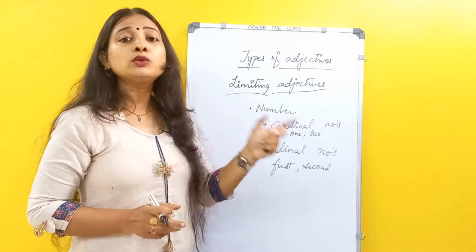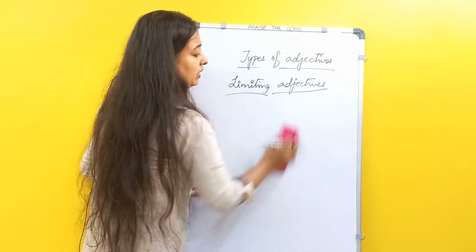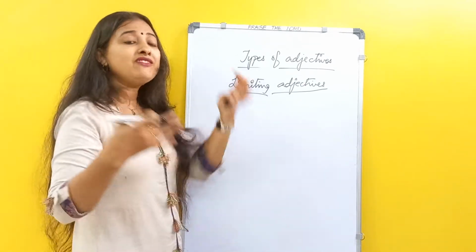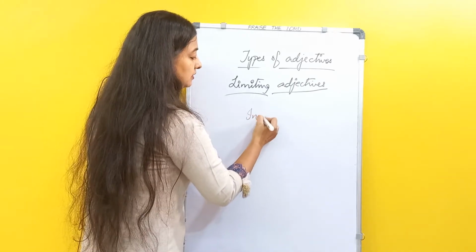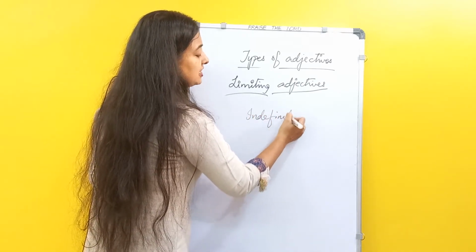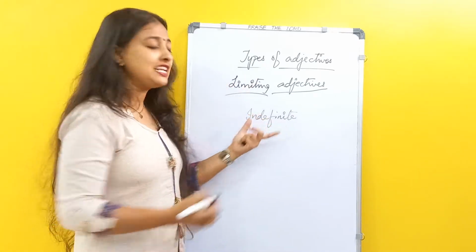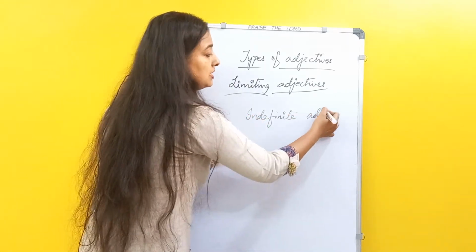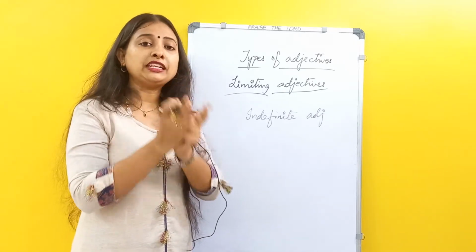So how are they used in sentences? Suppose I have told you, in quantifying, when we are not definite, when we are indefinite, that is also a type of adjective, the indefinite adjective. That means we are not particular about a particular number.